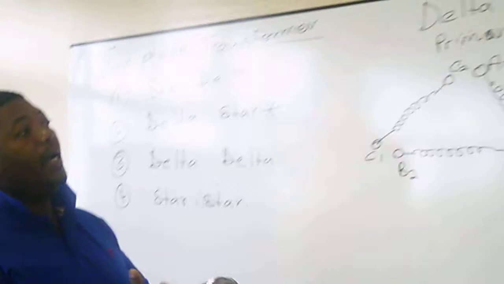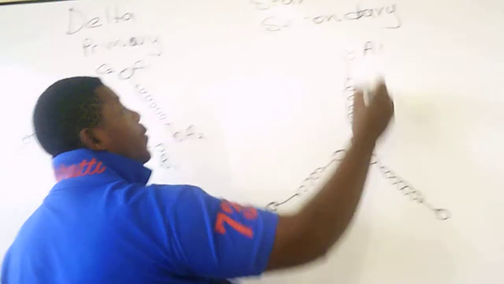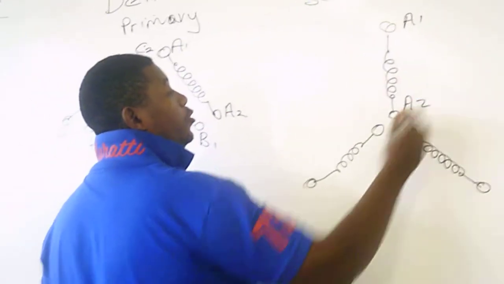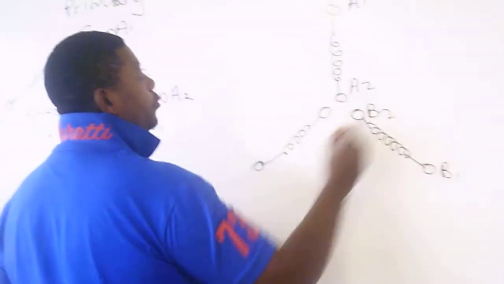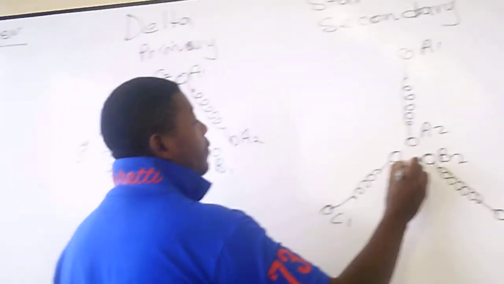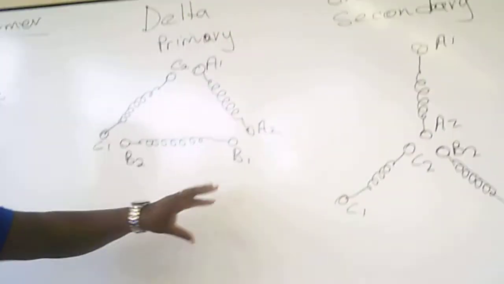The same thing happens on the secondary side. I've got the beginning of the coil, A1, and I've got A2. I've got B1 and B2. I've got C1 and C2. This is what we refer to as the IEC symbols.